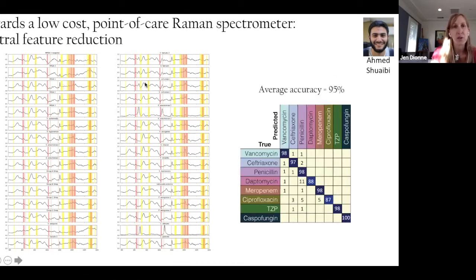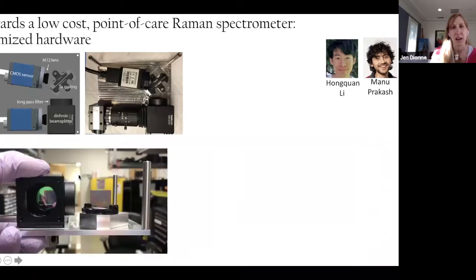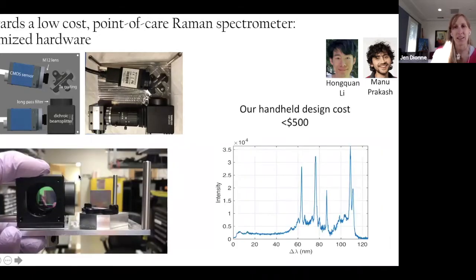And if we just use those spectral bands rather than the entire 1,000 long spectral window, we can still get a very high treatment accuracy. So that allows us to move away from the huge Raman setup that typically is used for high resolution Raman spectroscopy, and instead create a more handheld setup that costs less than $500 and still allows for good spectral acquisition plus high classification accuracy.